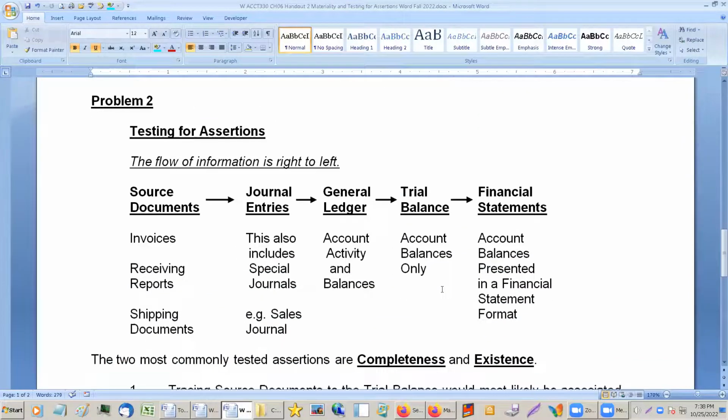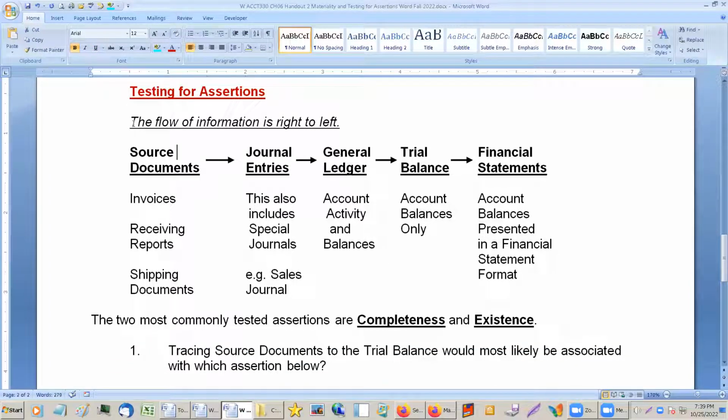Okay, testing for assertions. First of all, we're going to go through the flow of documents. So you start out kind of here. Source documents: invoices, receiving reports, shipping documents, all those documents that we use to have transactions occur.